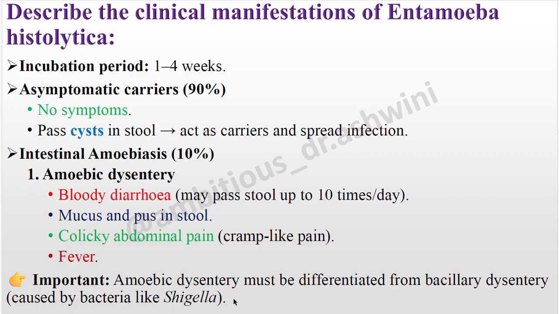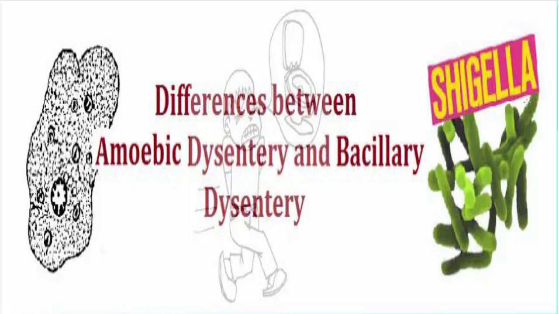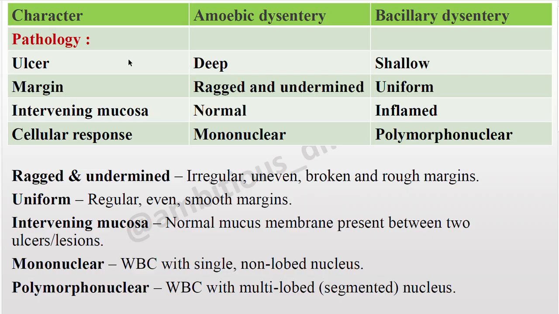You can see the difference between amoebic dysentery and bacillary dysentery, but bacillary dysentery is caused by the bacteria Shigella. Here, the pathology of amoebic dysentery versus bacillary dysentery. The ulcers are deep in amoebic dysentery, shallow in bacillary dysentery. The margins are ragged and undermined, that is irregular, uneven, broken and rough margins in amoebic dysentery, and uniform, that is regular, even, smooth margins in bacillary dysentery.